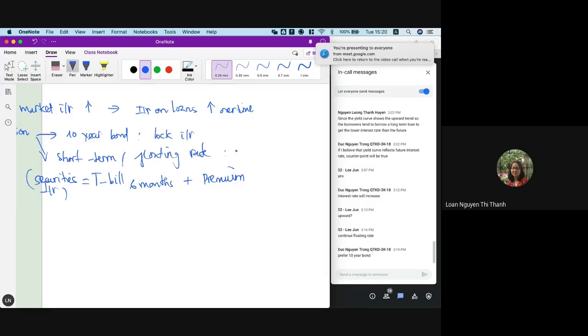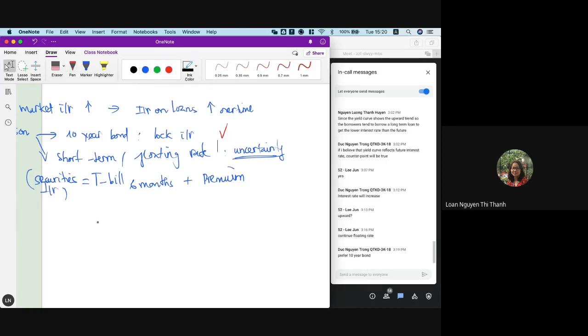And here, uncertainty, because the interest rate changes, right? Market interest rates increase, so the cost here will increase also. So one student prefers the 10-year bond.